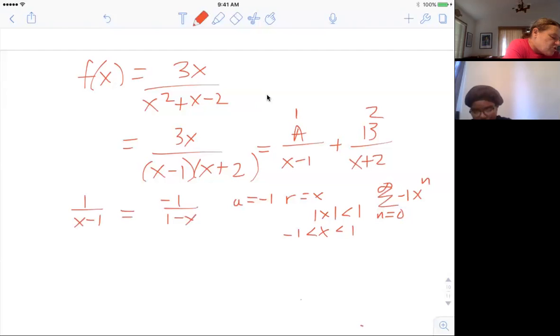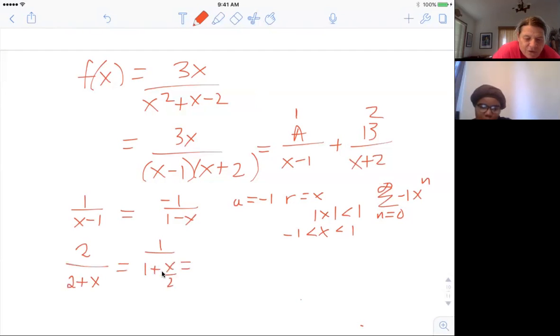2 over x plus 2 looks like that. But now I need to divide everything by 2. So that's 1 plus x over 2. I need to rewrite that so it has a minus in there, right, Tiara? You on board so far? Yes. Okay. So that's 1 over 1 minus minus x over 2. In this one, A is 1, r is minus x over 2.